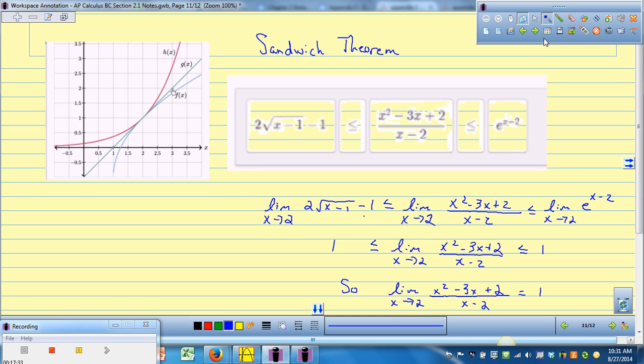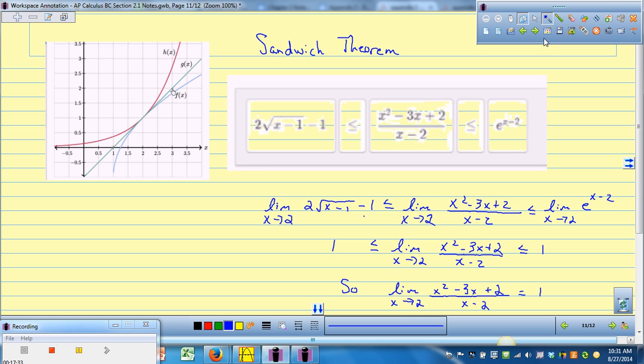All right. So we have these three functions where f of x is 2 root x minus 1 minus 1. That one is less than the rational function, which would be our g of x in this case. And that is less than our e to the x minus 2, which would be our red one. Okay, so we clearly have a setup for the sandwich theorem.